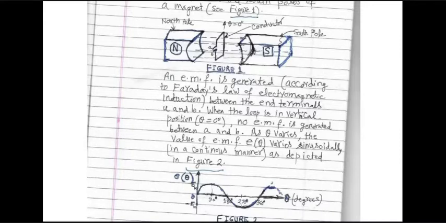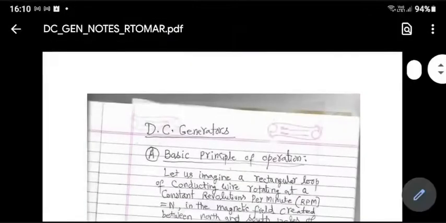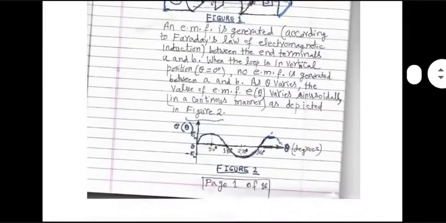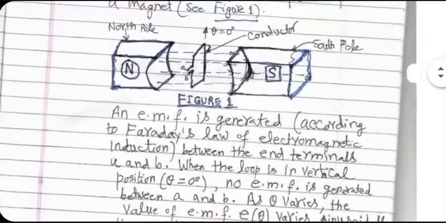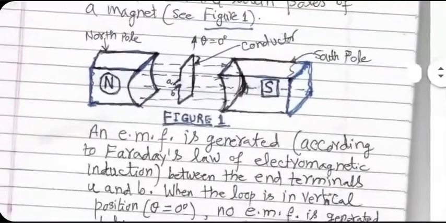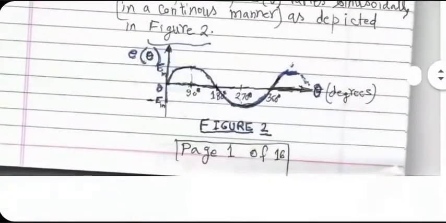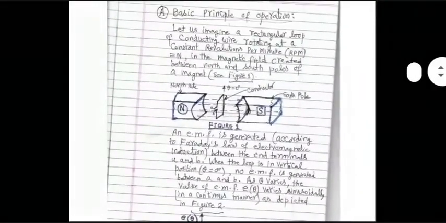Okay. This is not DC, by the way. The title is DC generators. Currently, we have got AC signal coming out. Okay, and I'll tell you in a minute how to convert this into DC. So hopefully this first page is reasonably clear.